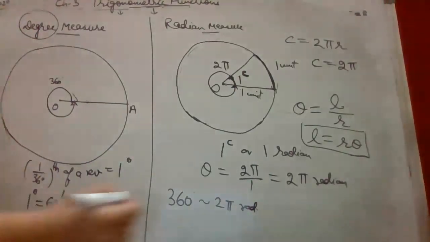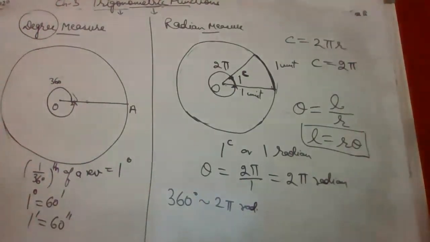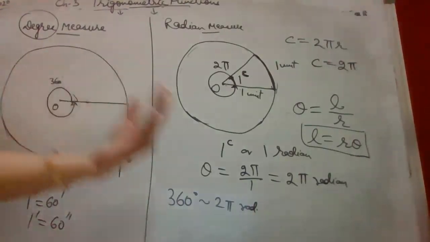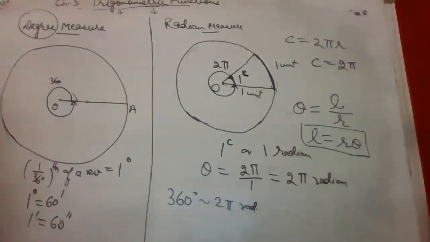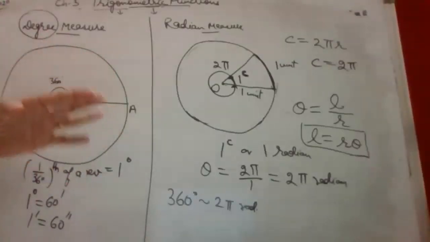By using this relation, we can find the relation between all the other angles. If 360 degree is 2 pi radian, then how much will 180 degree, 90 degree, 60 degree or 15 degree be? We can convert degrees to radians and radians to degrees.